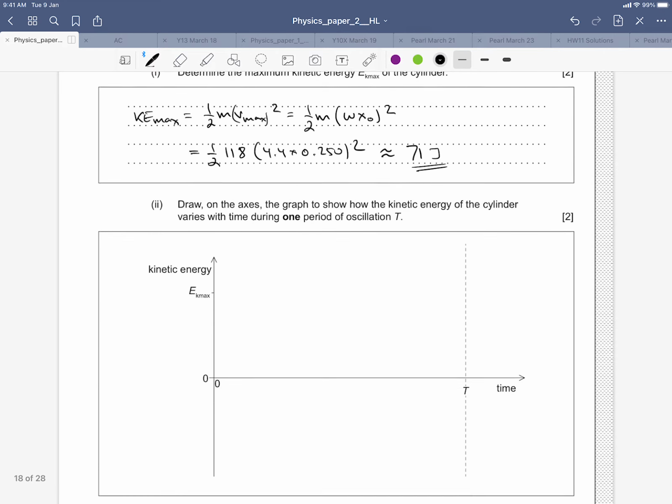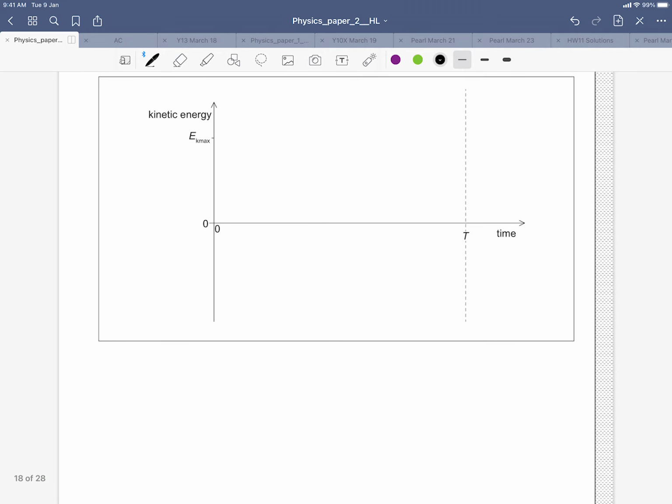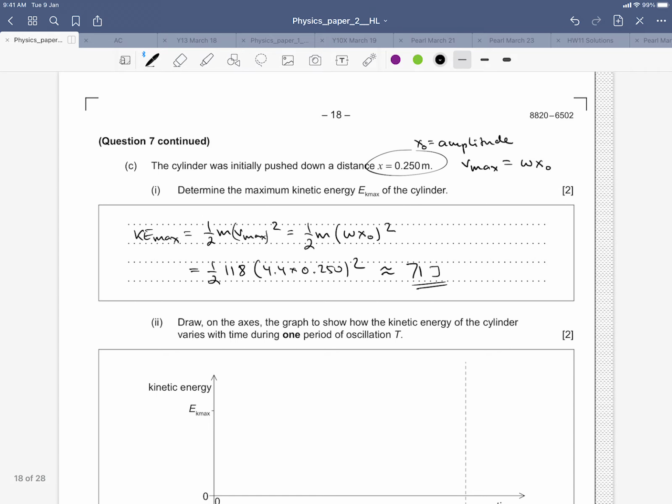Okay, and then we have to draw a graph of the kinetic energy. And again, quite simple, right? I would just be a little bit careful.